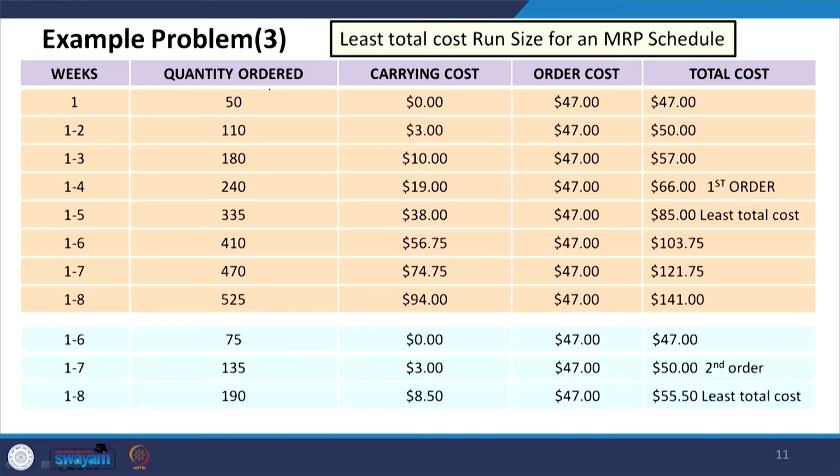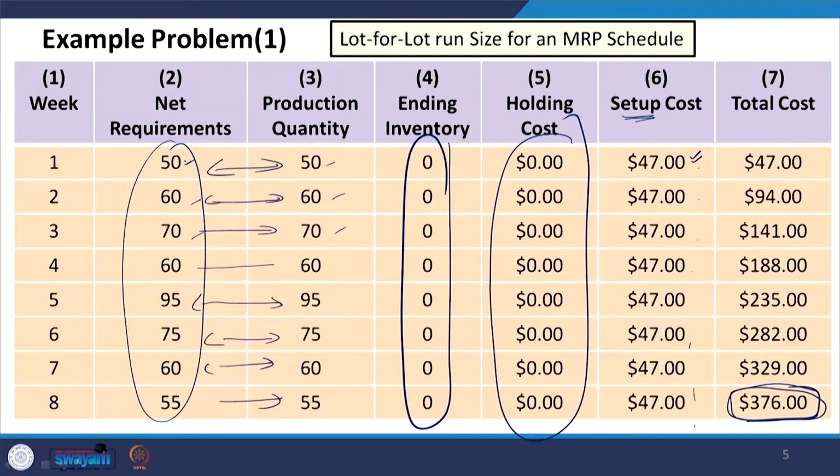These are the quantities ordered for different weeks. For week 1, you have different cases: week 1 to 2, 1 to 3, 1 to 4, 1 to 5, 1 to 6, 1 to 7, 1 to 8, and the quantities ordered are 50, 110, 180, 240, 335, depending upon how many weeks you want to order for in a single go. The calculations come from the previous example: in the original problem, the requirement for the first week was 50, for the second 60, for the third 70.